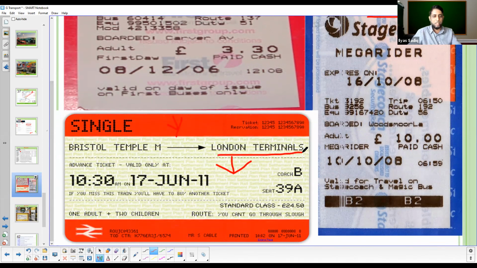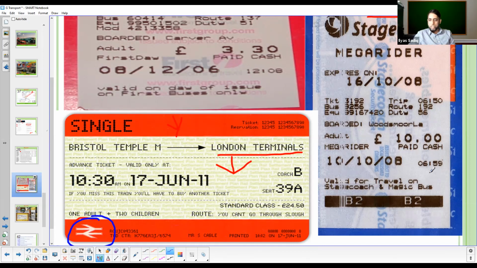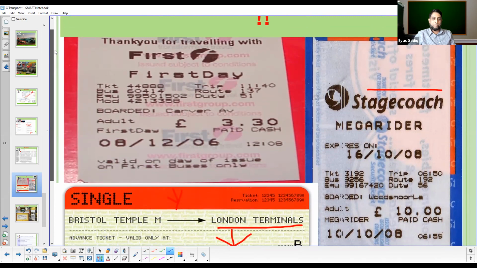It means this is a train ticket. Why is it a train ticket? You can see there is a railway station. So it is a train ticket, okay? This is a bus coach station, and this is a coach ticket. So these are all the tickets.